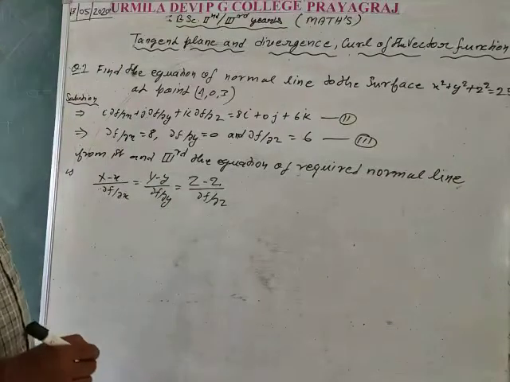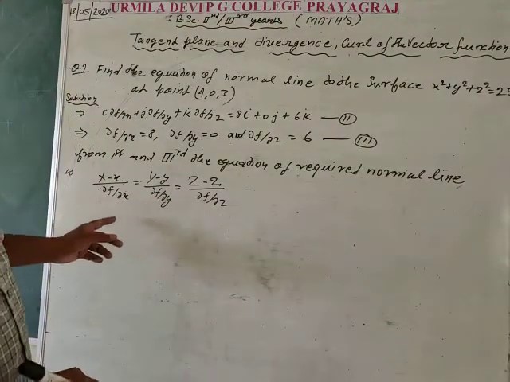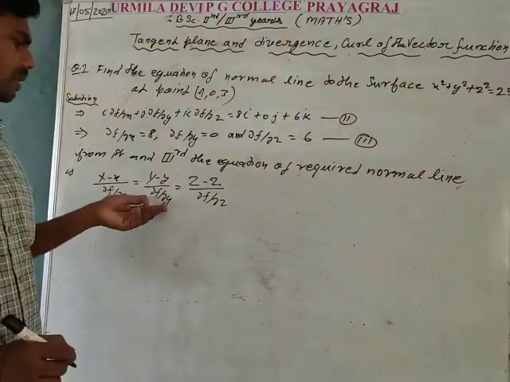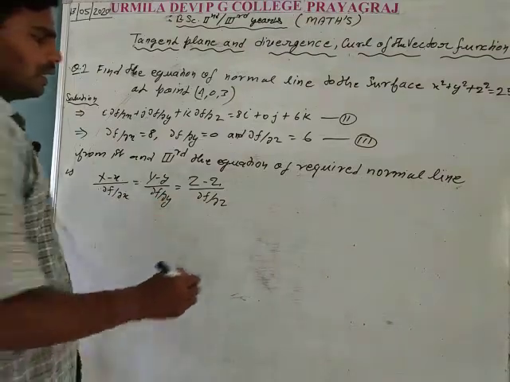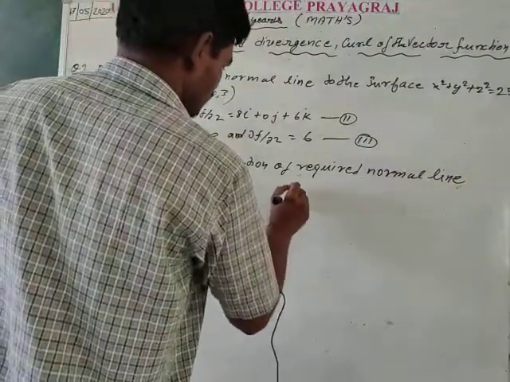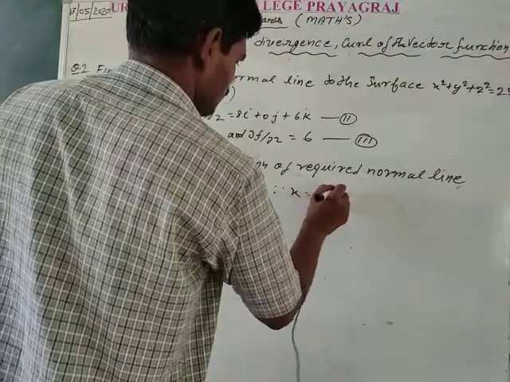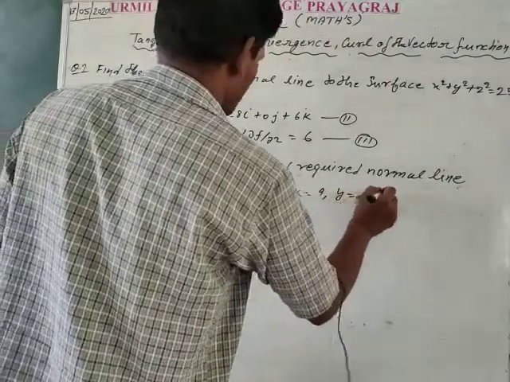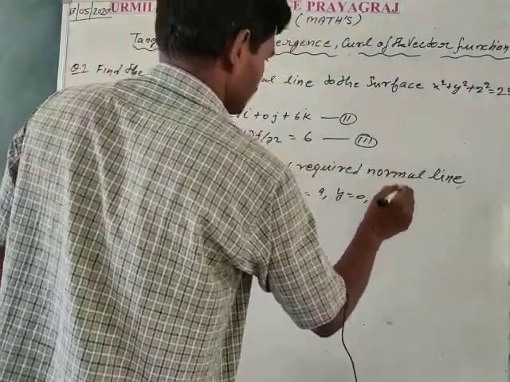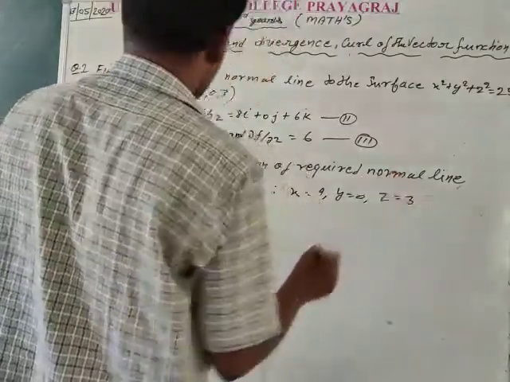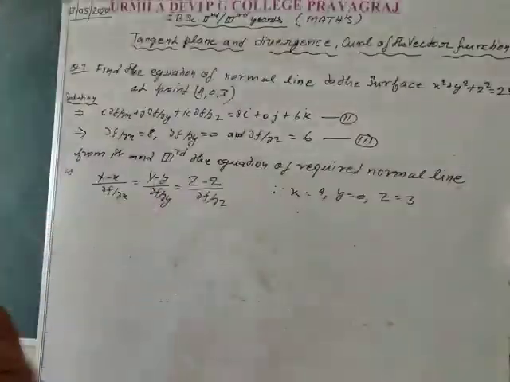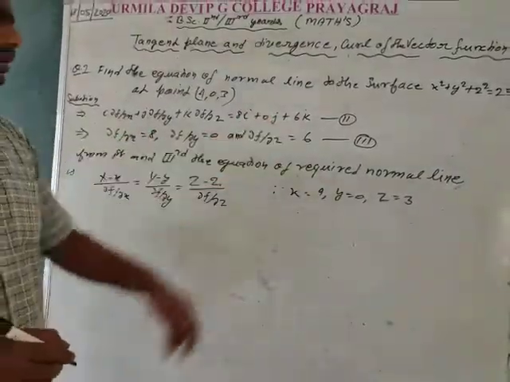Putting the values of x, y, z and del f by del x, del f by del y and del f by del z, where x is equal to 4, y is equal to 0 and z is equal to 3, and the values of del f by del x, y, z are clear from the third equation.